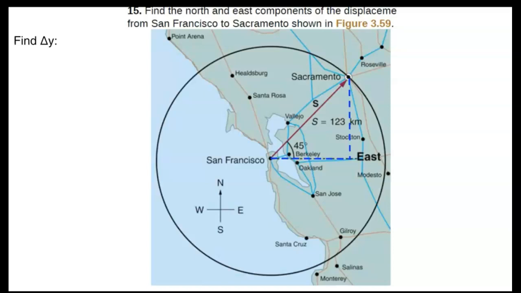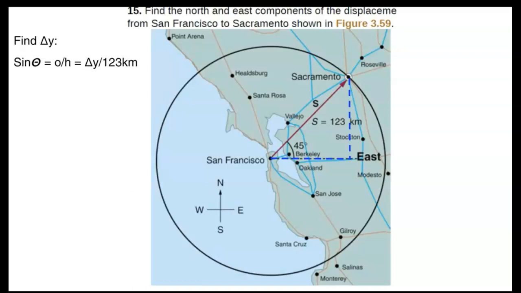To find the displacement in the y direction, in the north direction, I'm going to point out that I have been given this 123 kilometers, which I've made into the hypotenuse for this triangle, and I was given this angle, which is 45 degrees. So if I'm looking for delta y, that's the side opposite my angle. Sine theta would equal opposite over hypotenuse, and it would allow me to relate the length of the hypotenuse to the length I'm looking for.